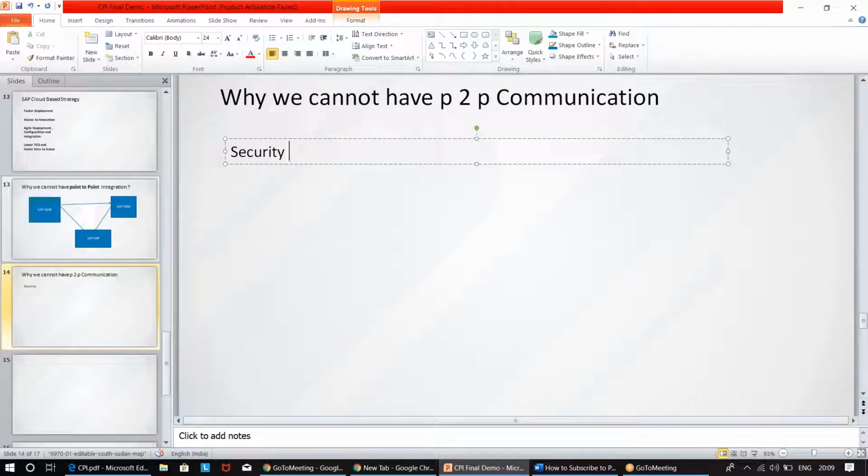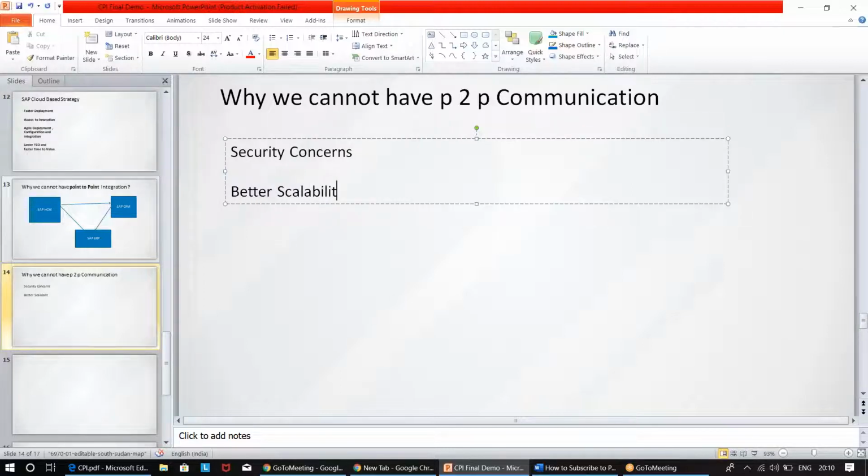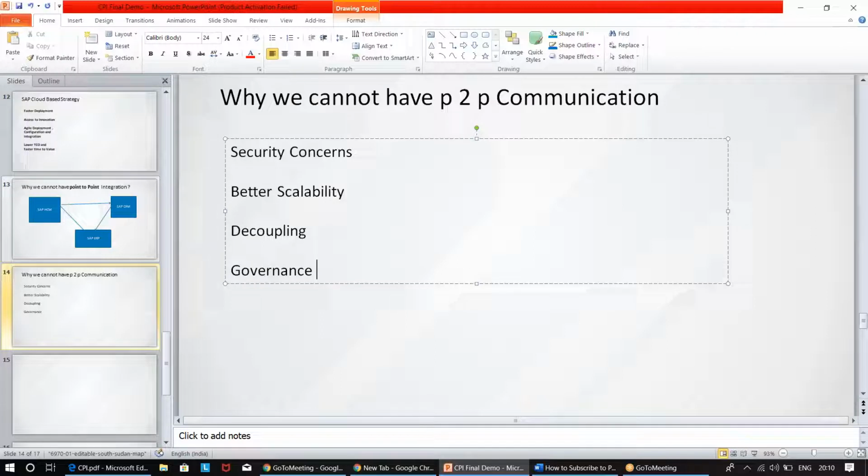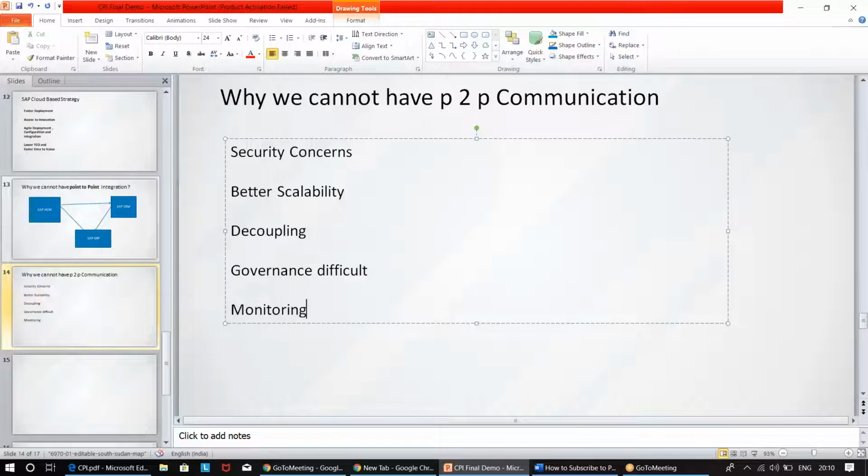We'll write whatever people are putting in the chat box, and then we can go one by one. So these are the different points people have suggested in the chat box.